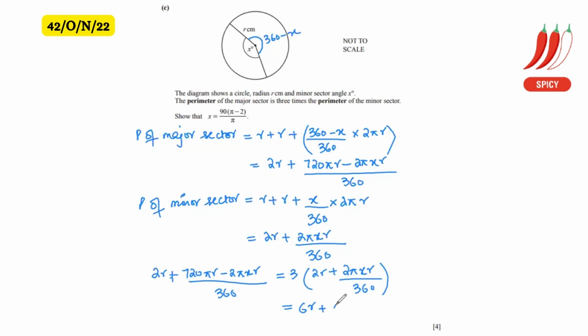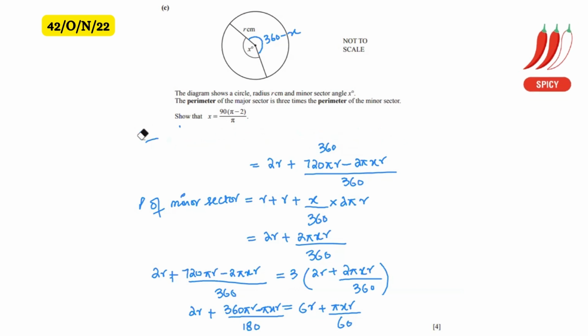So this is pi xr over 60. And the other side simplifies to 2r plus 360 pi r minus pi xr over 180.